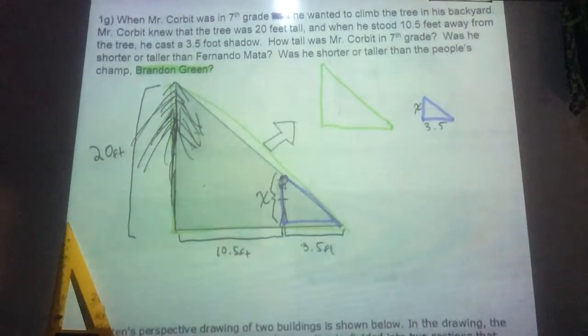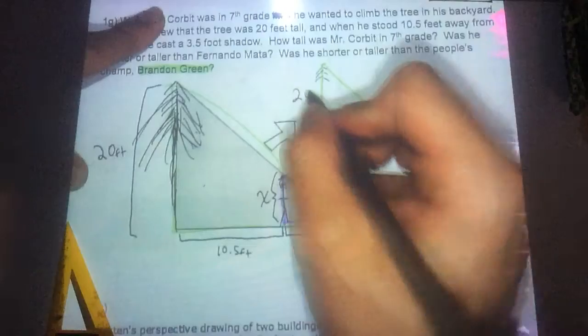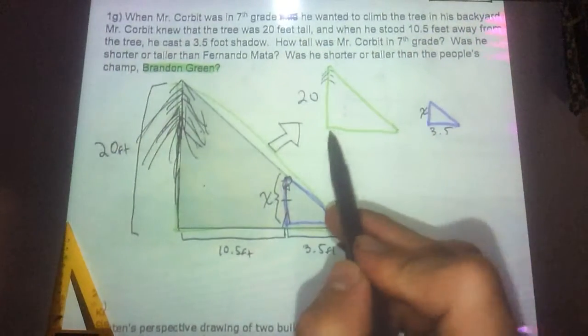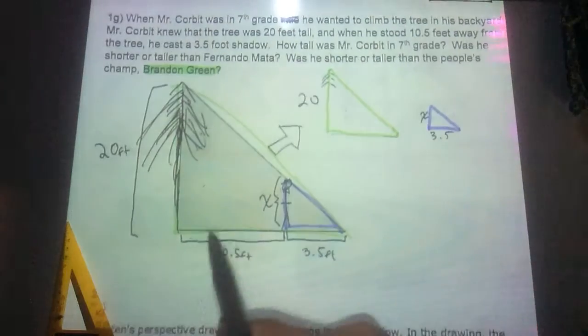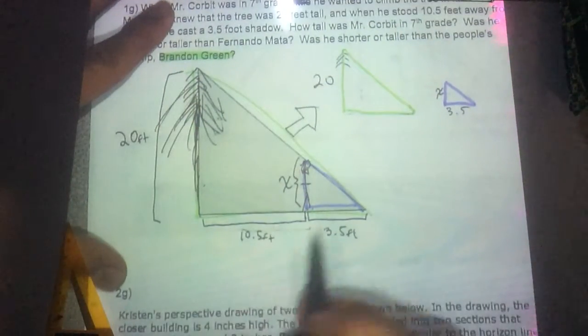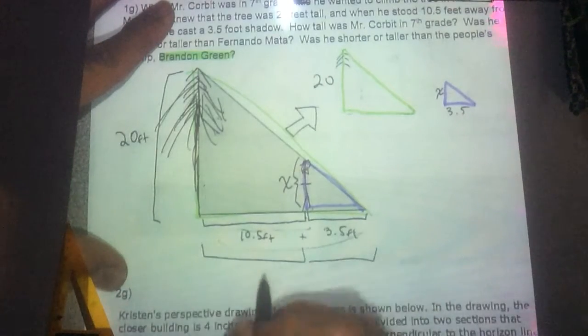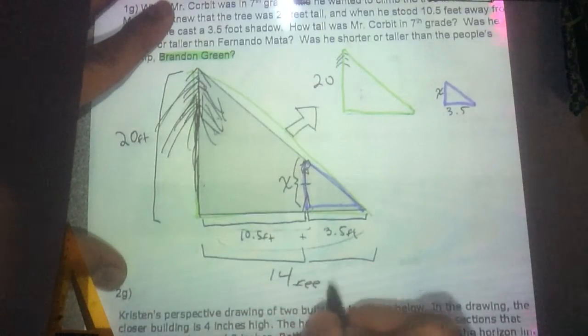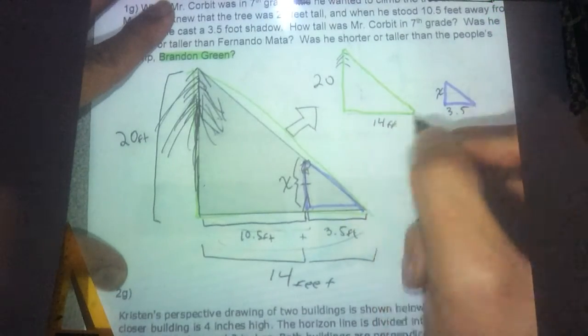And in the green triangle, I know that the height of the tree is 20 feet. A lot of you set up the proportion thinking that this entire thing was 10.5, but no, it's 10.5 and 3.5, so we need to add these together, which gives a total of 14 feet.